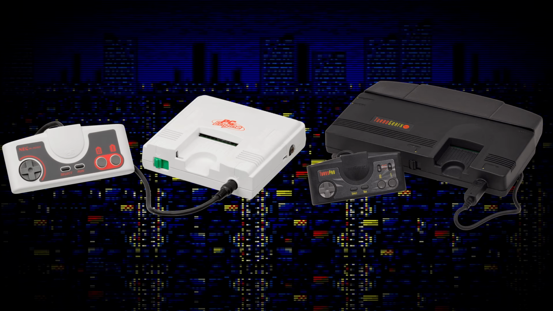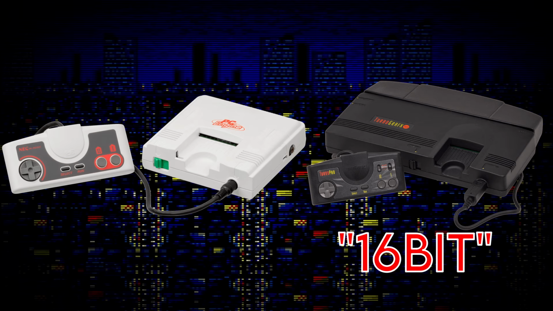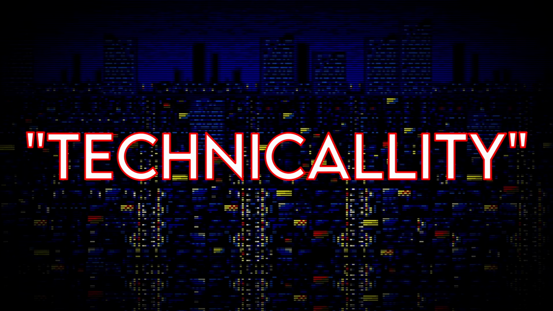Now, certainly in the US market, this system was promoted as a 16-bit system because it had a 16-bit graphics chip. However, once again, the CPU was an 8-bit CPU, so the PC Engine and TurboGrafx 16 really are 8-bit systems, but people call them 16-bit because of a technicality.